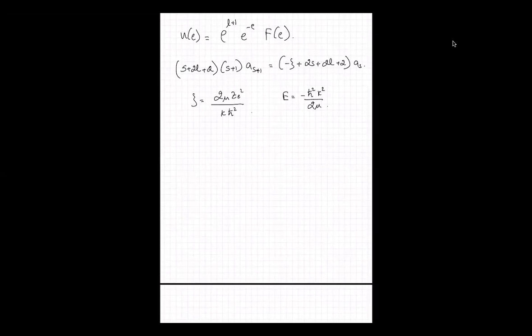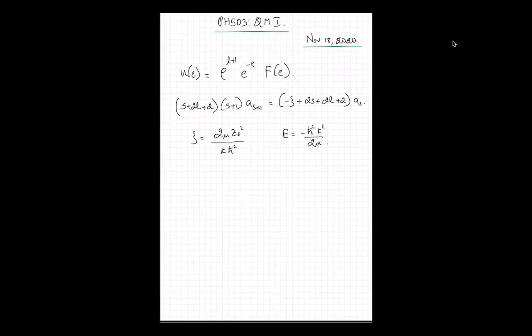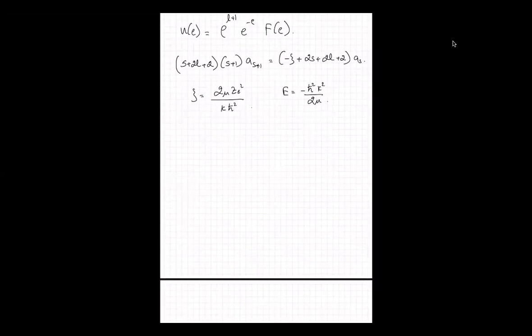We want the radial function to die at infinity, because we don't want it to grow like any power series or exponential series, otherwise my wave function will not be normalizable. So I have to ensure that F of rho satisfies this condition.